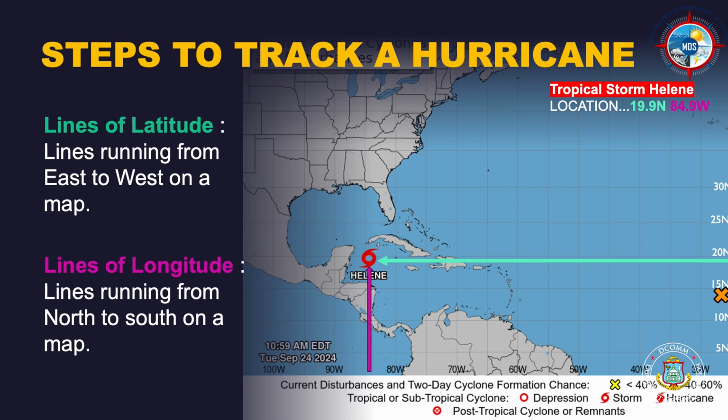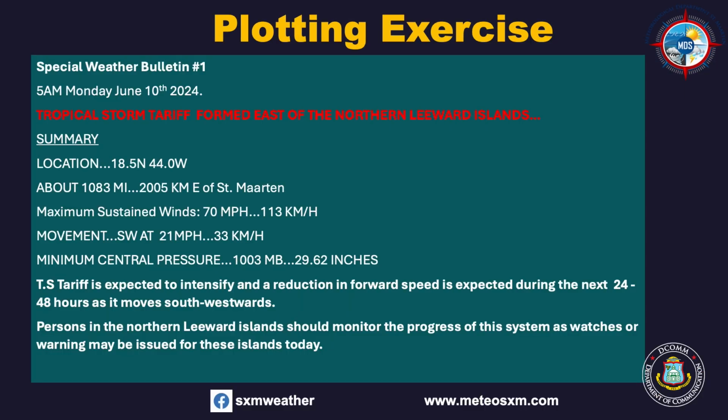So over there, Hurricane Helene, it was said that, I'm sorry, I have to move. 19.9 north, that would be the line of latitude. The line's moving from east to west. Just before 20, you would get 19. So from the bottom of the map going up, you would see numbers that represent the lines of latitude.